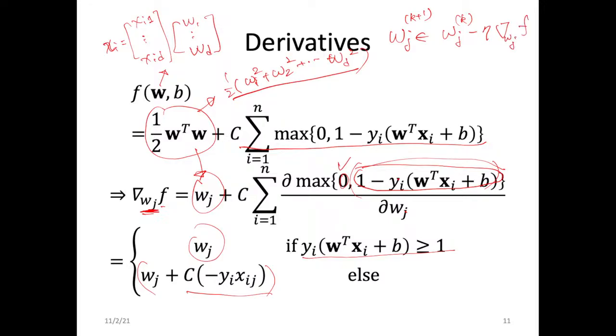Right? This is the gradient descent formula. And think about it. If a certain instance is successfully predicted, then it seems that, let me think about it a little bit.